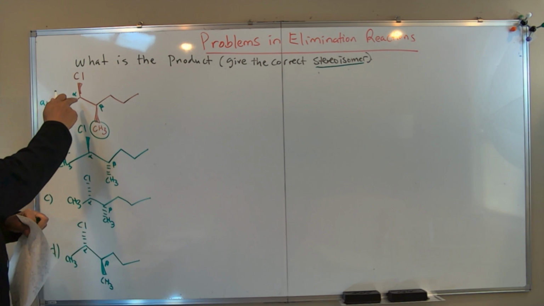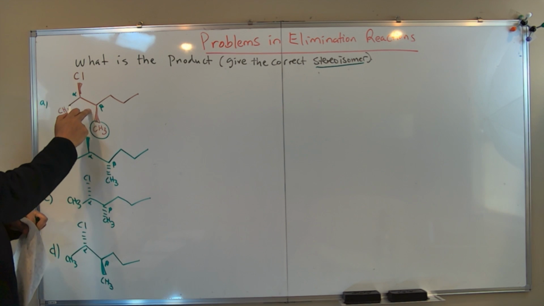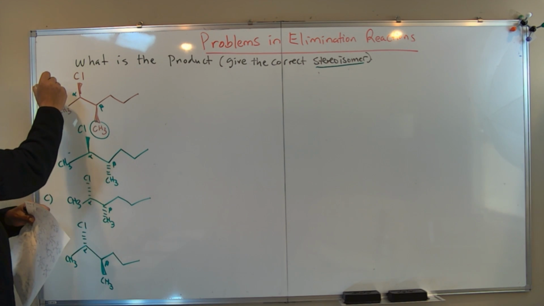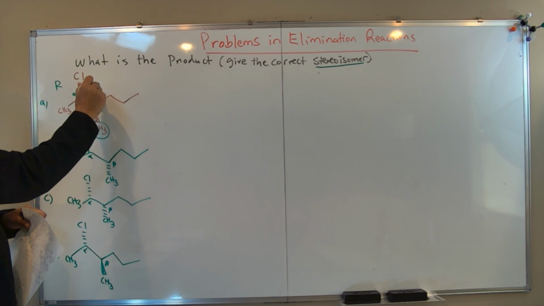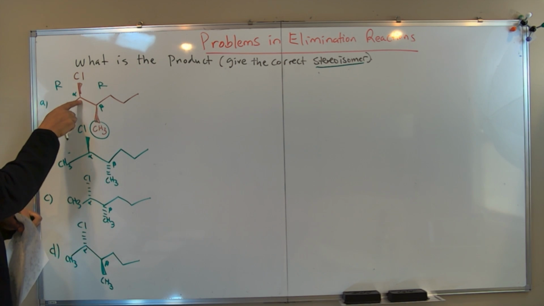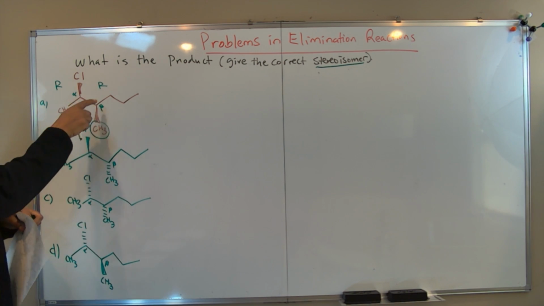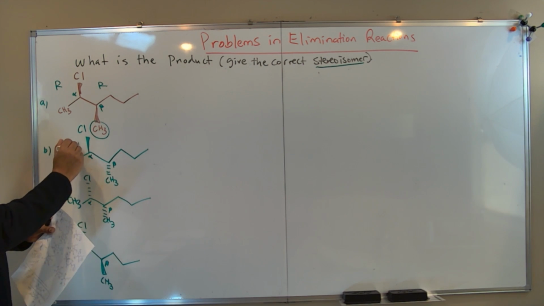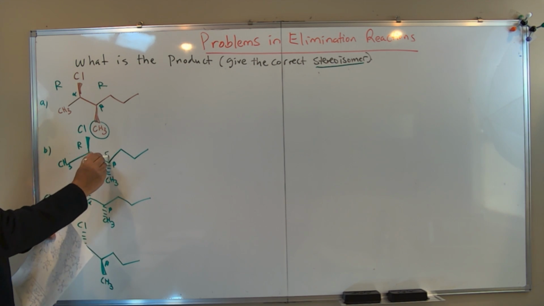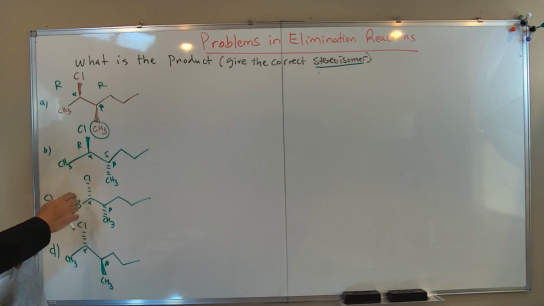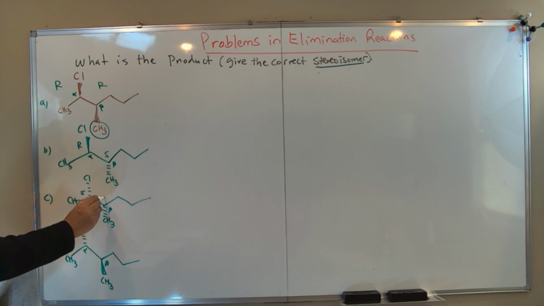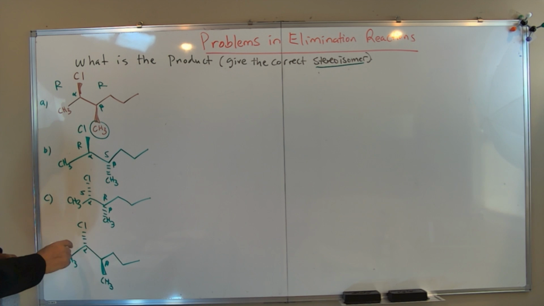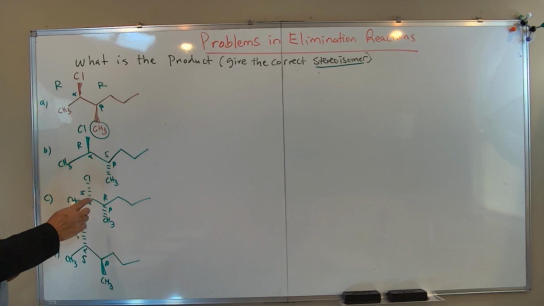So this is a specific enantiomer of RR. This is an RR, meaning that this is an R carbon, this is also an R. This one would be now R, this is S. So this would be an S, this is an R. This is S. Oh, this is SS, sorry.